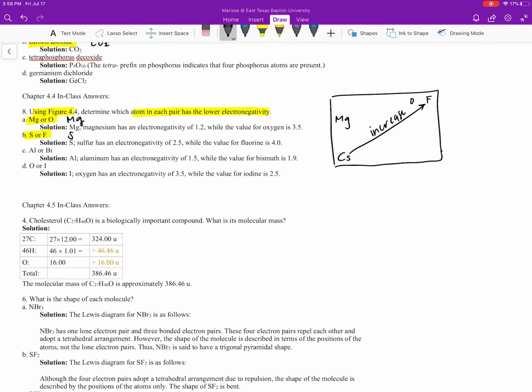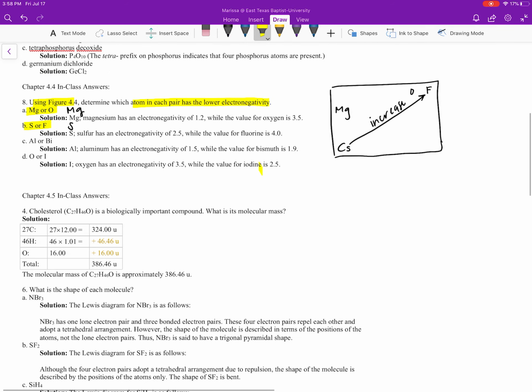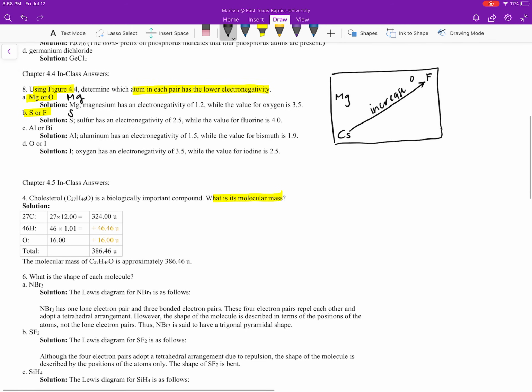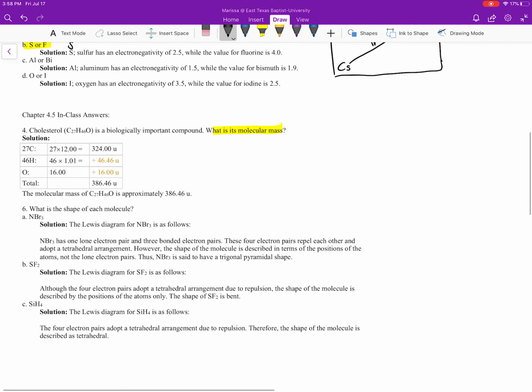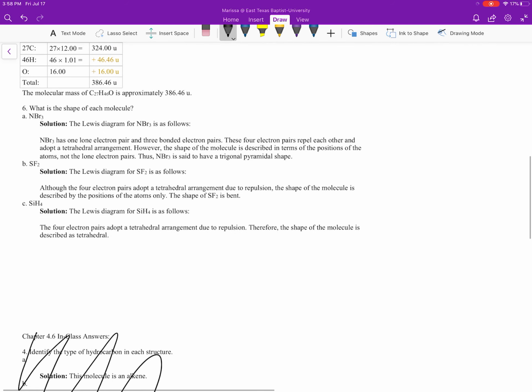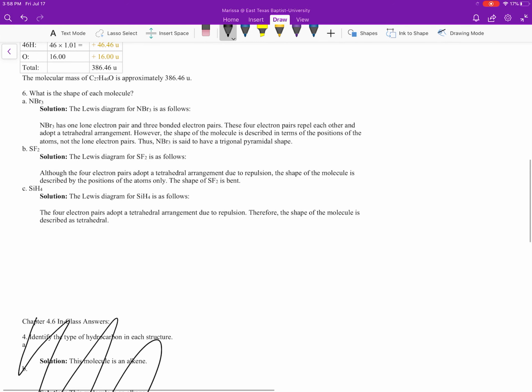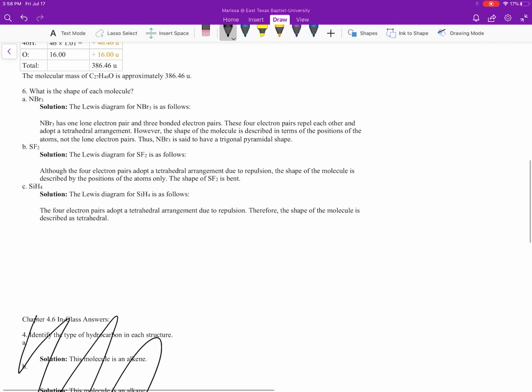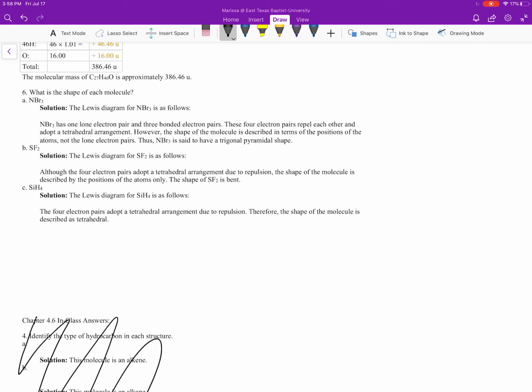The next question is calculating molecular mass. We've already done a problem very similar to this in the last chapter, and so you should already feel comfortable doing this type of problem. The next question is about drawing Lewis structures. In this case, we're only going to draw really basic Lewis structures.